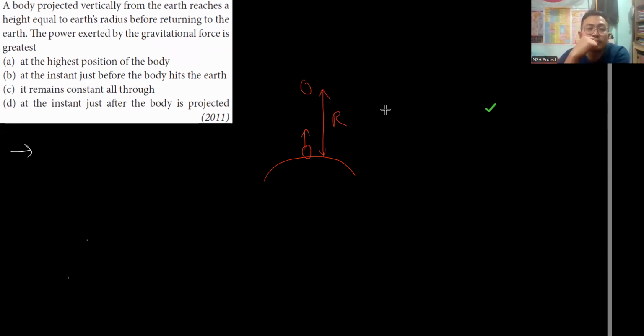A body projected from the earth reaches a height equal to Earth's radius before returning to the Earth. The power exerted by the gravitational force is greatest at which instant? So the gravitational force exerts the power.